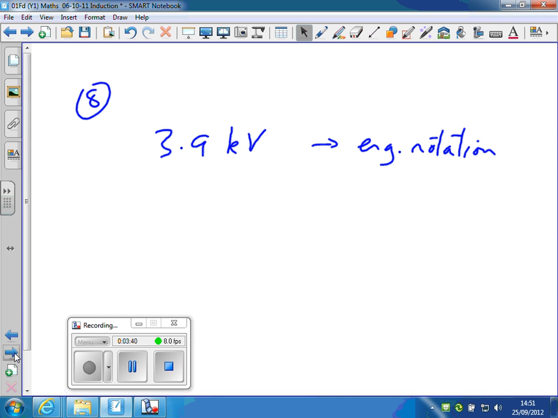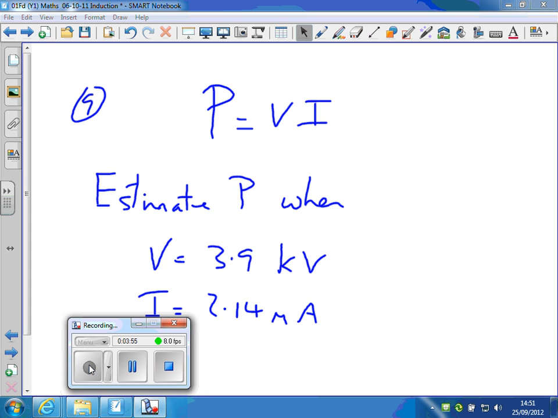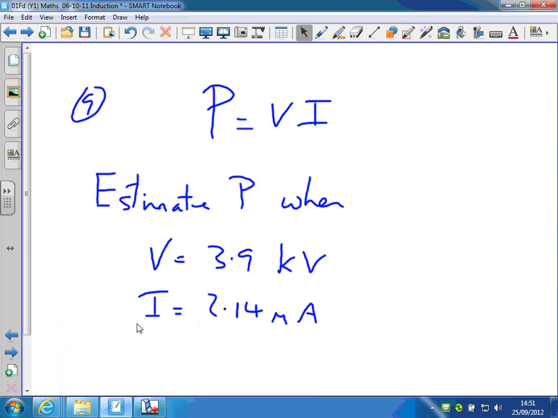Number 8, what's 3.9 kilovolts in engineering notation? Number 9, there's a formula to find the power in an electric circuit. Estimate the power, so don't use calculators for this one. Again, it's an estimation question.